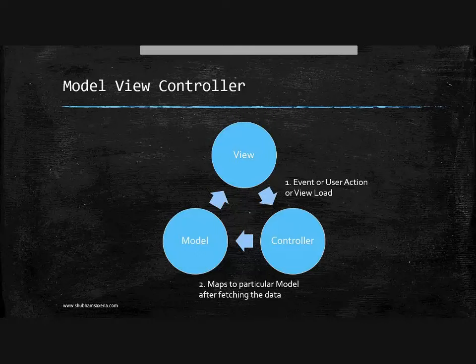Suppose I am clicking on get users, so the controller will perform some actions for me, and from the model it will fetch my data. After fetching the data, the model can implement some business logic and bind it to the view. After performing the business logic, the data will be refreshed for the user without the page being refreshed.